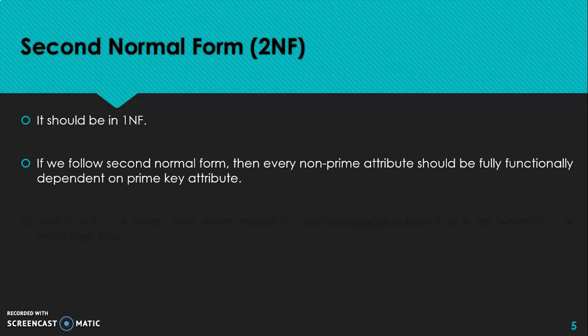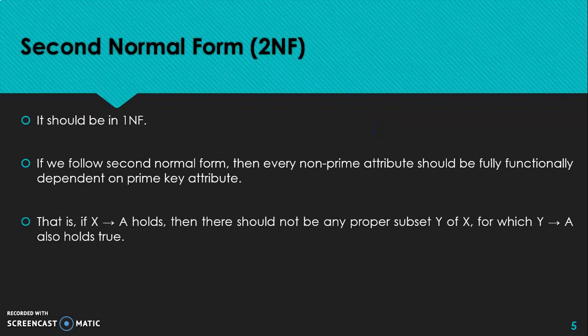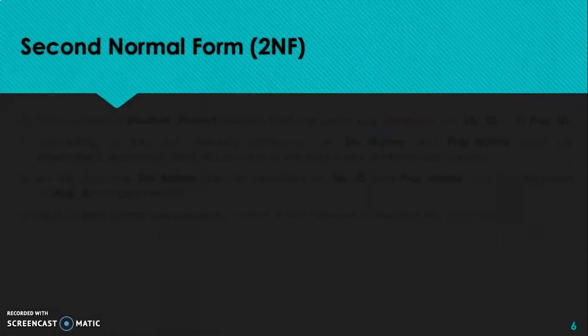It means if there is a primary key in a table, then all the non-prime attributes should be dependent upon the primary key. So the value should be related to the primary key. That is, if X belongs to A holds, then there should not be any proper subset Y of X for which Y belongs to A also holds true. We'll see an example.